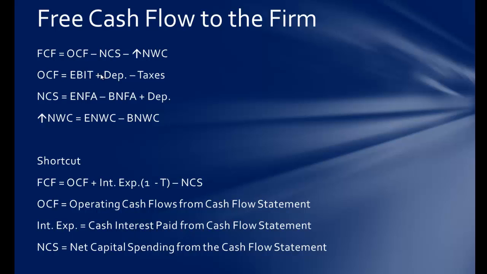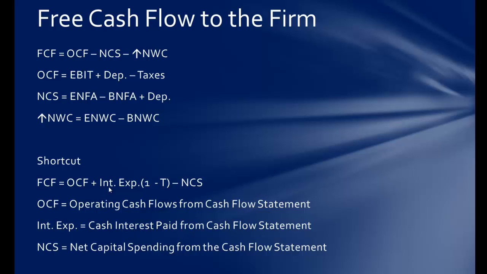So what we have to do if we're going to shortcut it is grab the operating cash flows from the cash flow statement. That's going to substitute for both this and this. But we have to add back interest expense because we wanted earnings before interest, but they took earnings after interest. So on the cash flow statement, we have to add back interest, but we have to take into account the fact that interest expense provides a tax shield for us.